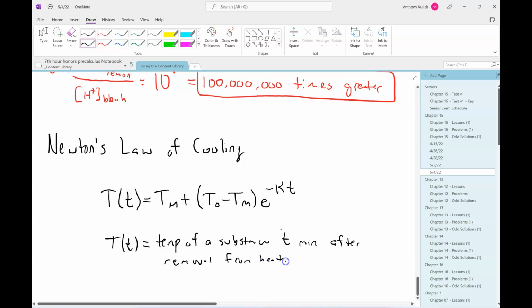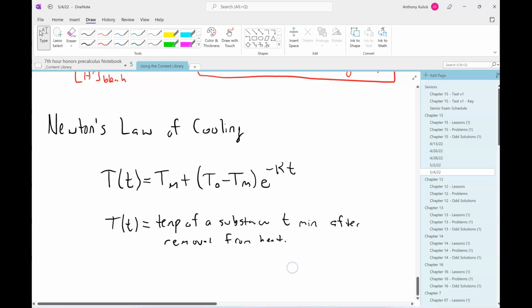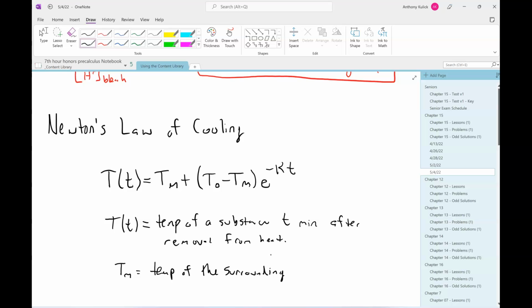So in the case of the pizza rolls, it's the temperature T minutes after you take it out of the oven. Tm is the temperature of the medium. That's really talking about the surroundings. So if you're cooling your pizza rolls on the top of the stove, that would be the temperature of the air, like room temperature.